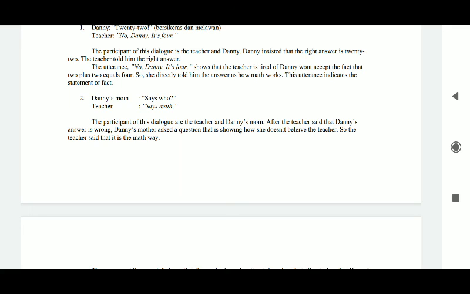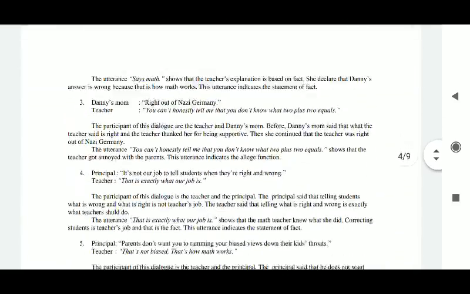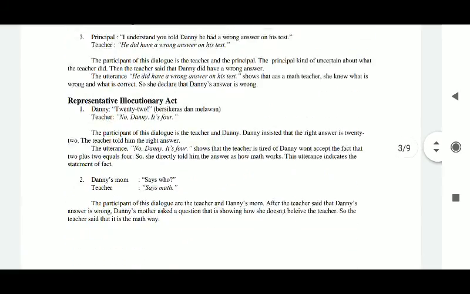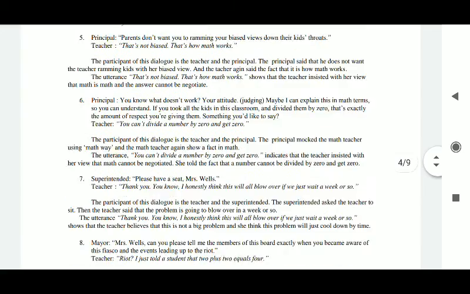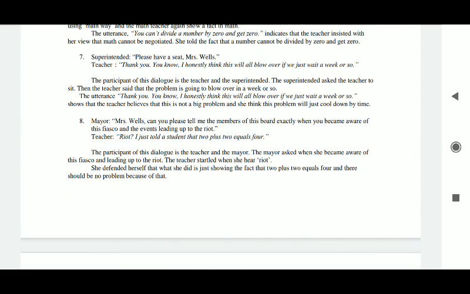So she directly told him the answer as how math works. This utterance indicates the statement of fact. And we have 10 representative illocutionary acts in the short movie, mostly about fact and the teacher's belief.